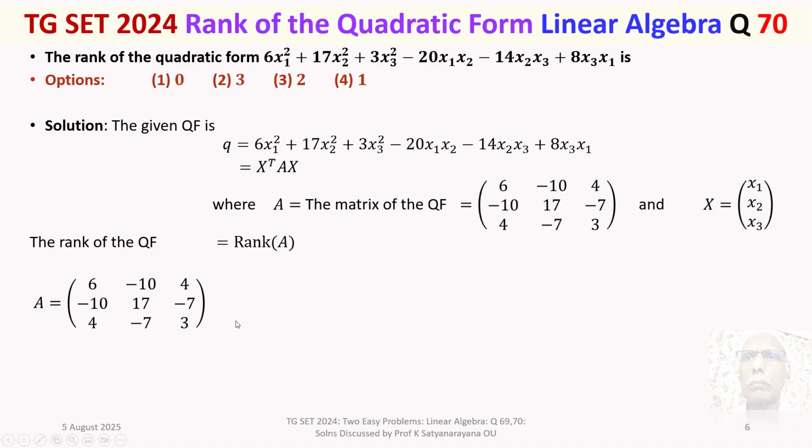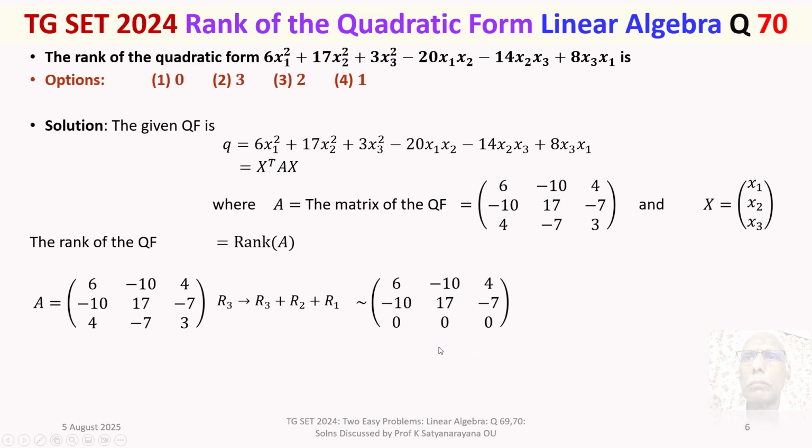First I will do this elementary row operation: R3 becomes R3 plus R2 plus R1. To the elements of the third row, add the corresponding elements of the second row and first row, and thereby the third row will become 0.